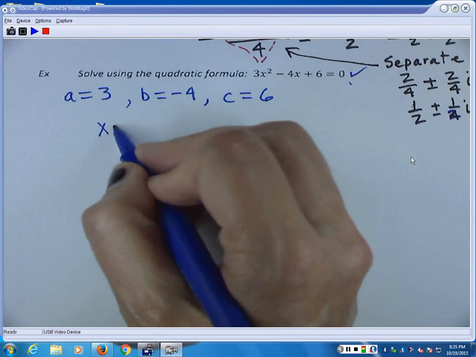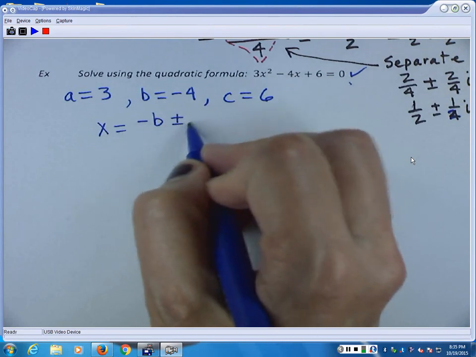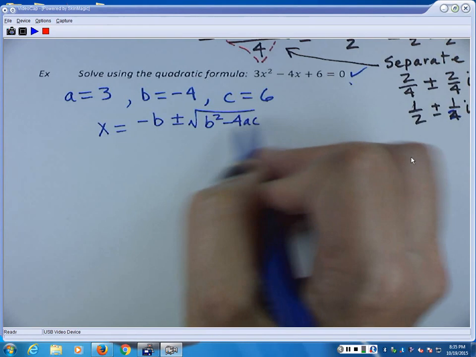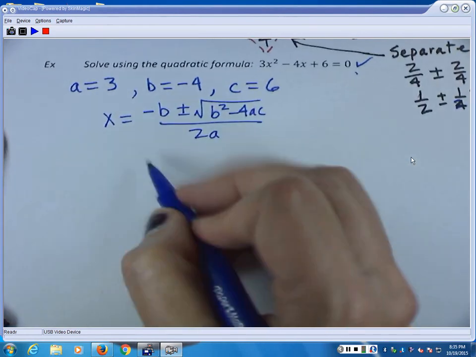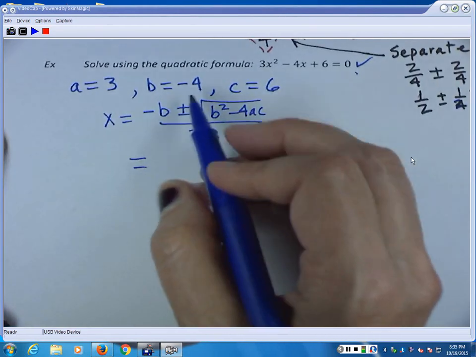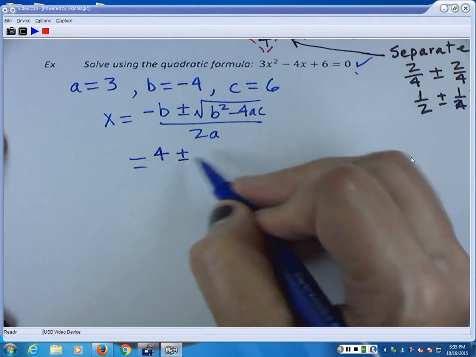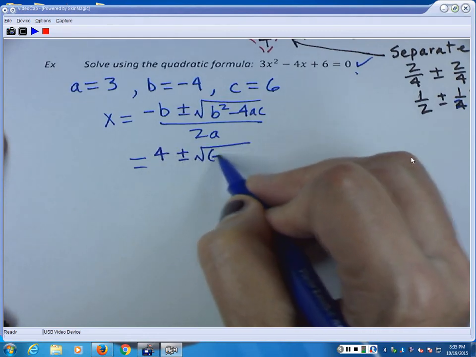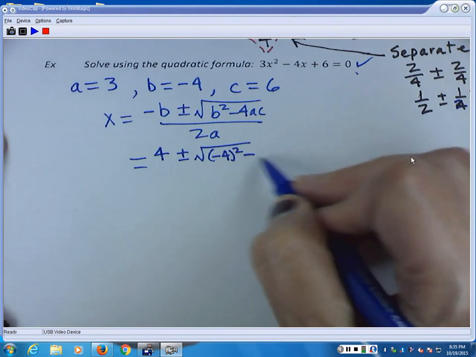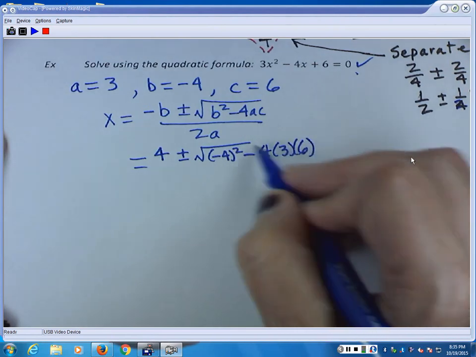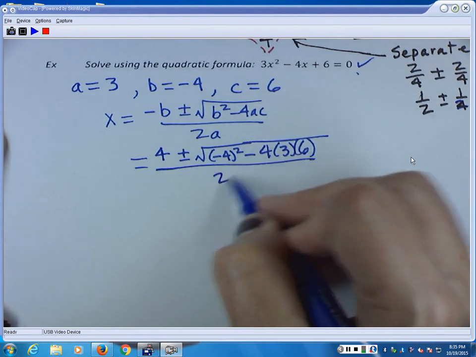So x equals minus b plus or minus the square root of b squared minus 4ac, all over 2a. It's minus the -4, which is 4, plus or minus the square root of -4 squared minus 4 times 3 times 6, all over 2 times 3.